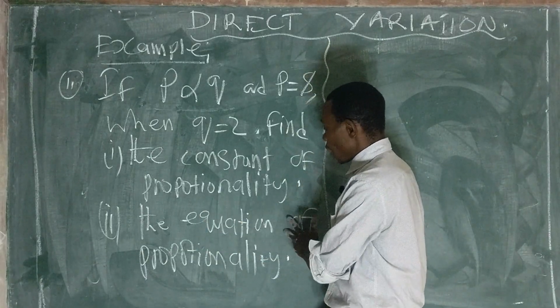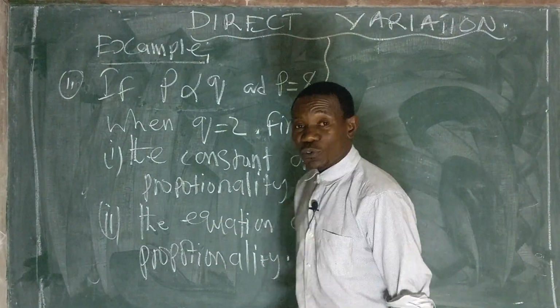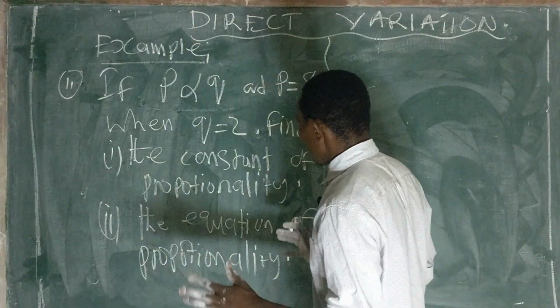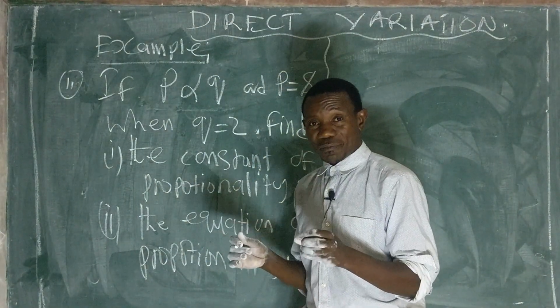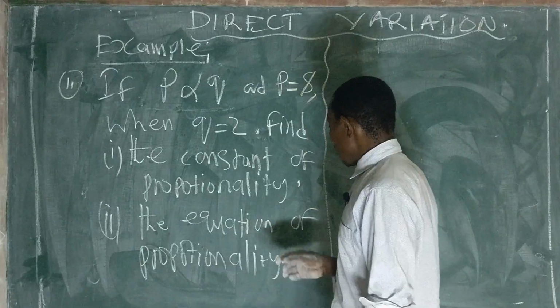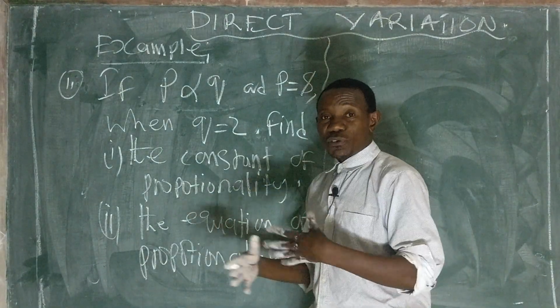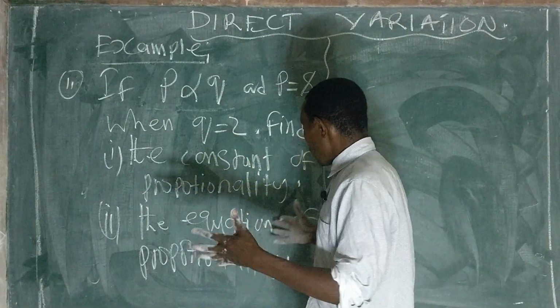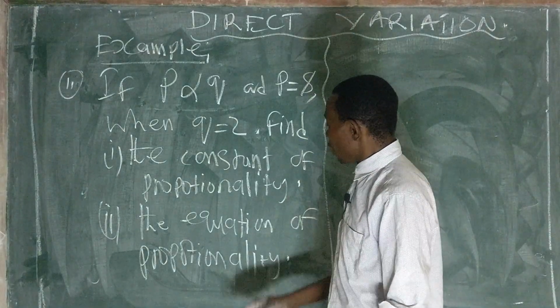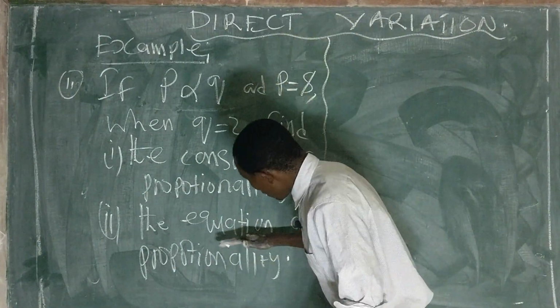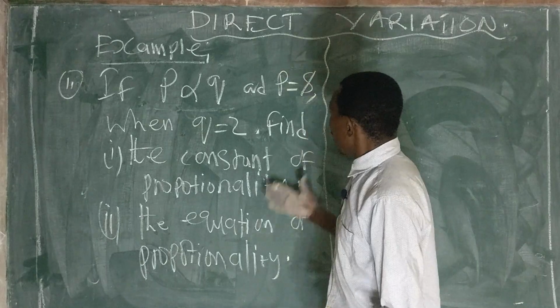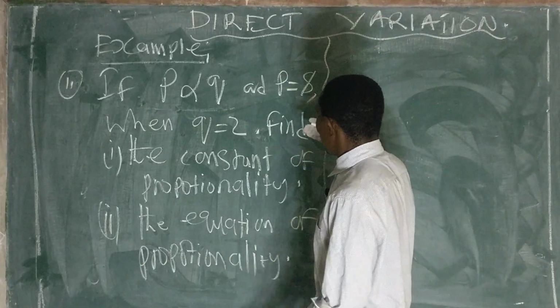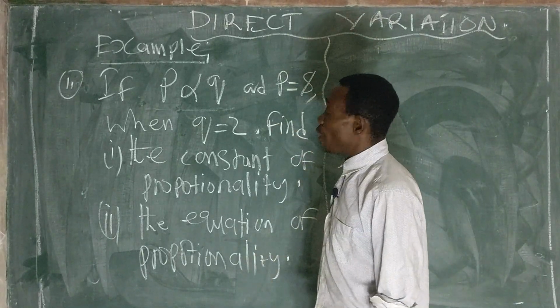Thereafter, we are asked to work out the equation of proportionality, an equation that is bridging the two quantities. This is an equation that brings out the proportionality. If one changes, the other one changes. Without this, we cannot calculate any one of them. It is an equation that you can use to work out the changes. If maybe P changes, how do you work out the value of Q?